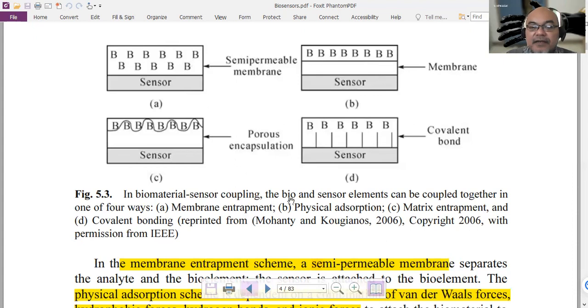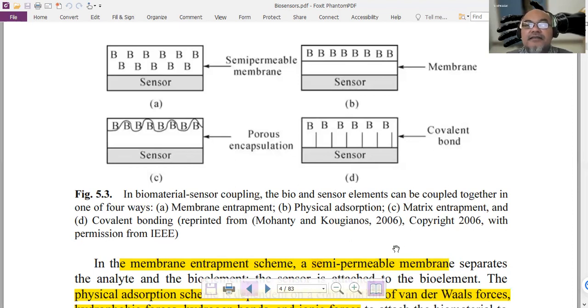physical adsorption. This one is physical adsorption, where the biomolecule is just being attached physically through physical adherence, which is based on electrostatic binding or van der Waals or hydrogen bonding, this kind of non-permanent chemical binding.